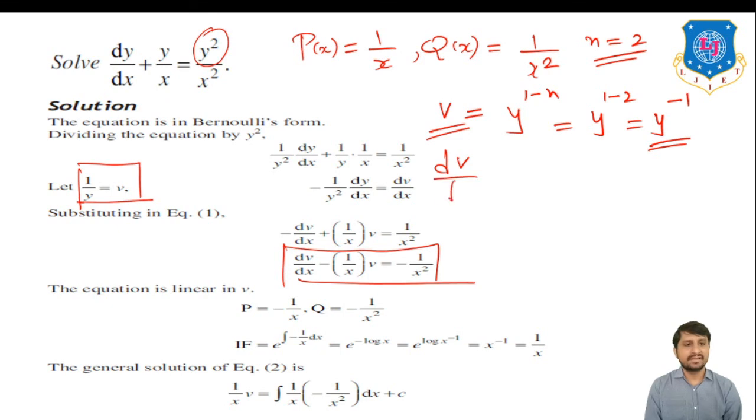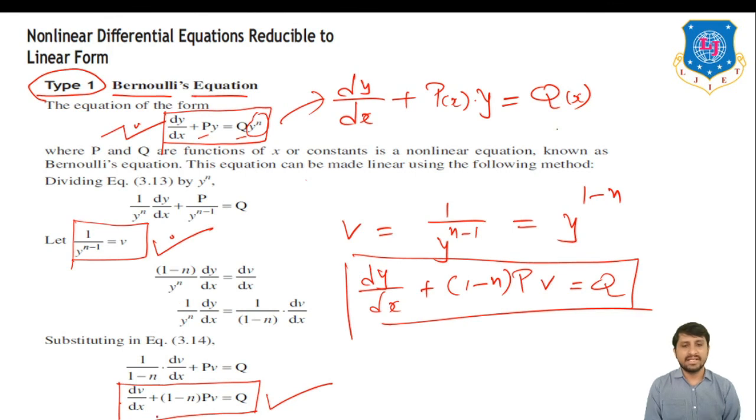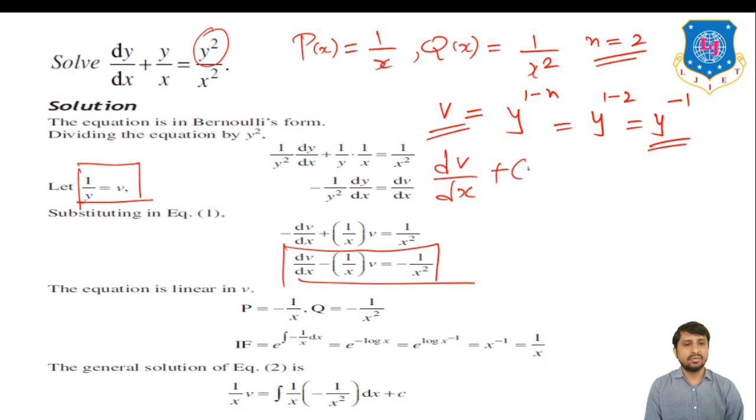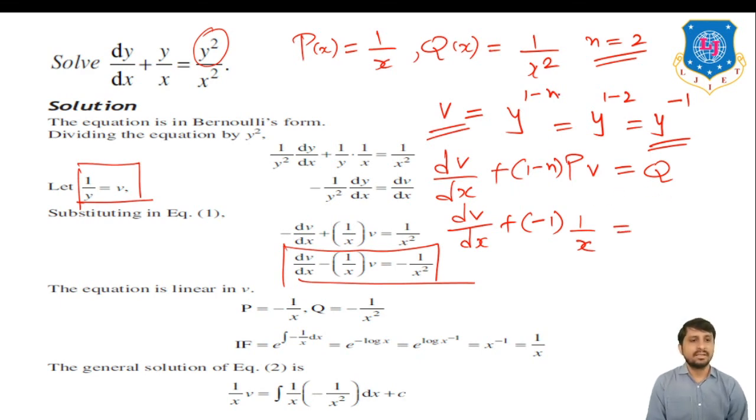That is dv/dx plus (1-n)Pv equals (1-n)Q. Sorry, dv/dx, not dy/dx. So dv/dx + (1-2), that is minus 1, times P, which is 1/x, equals (1-n) times Q, so minus 1 into 1/x².